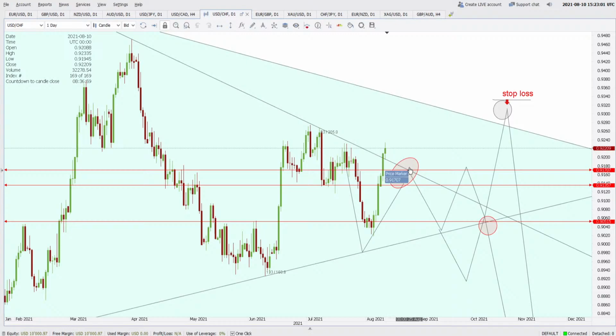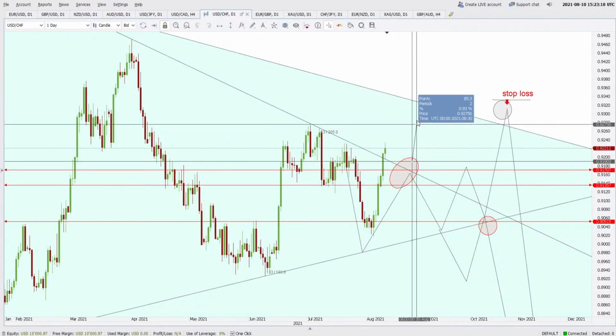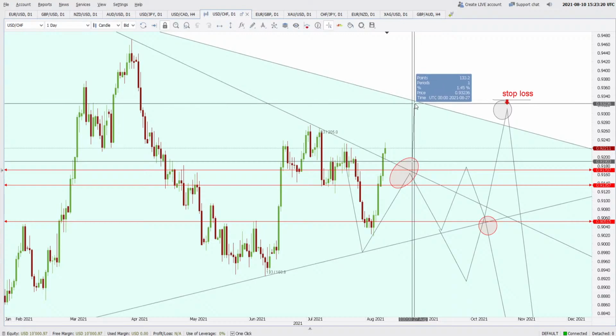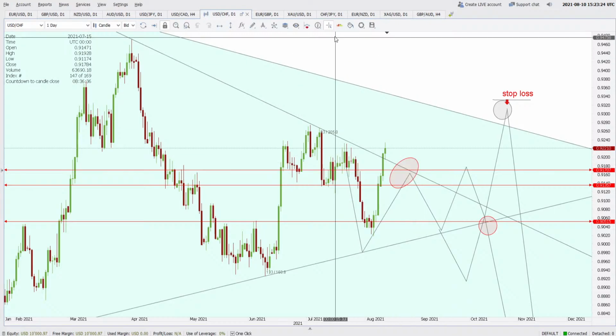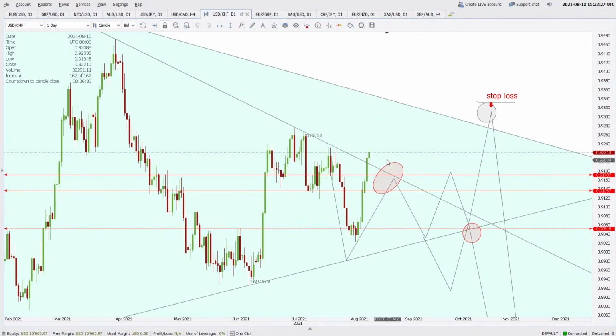Maybe here you should be opening a buy position around 0.9170 if you get the price here, and then you can target this falling channel resistance line with a small stop loss below the low that price makes here. I hope you get to that, because in that case your stop loss will be something around 36 points and you will be trying to make 130 to 140 points. Just an idea. Okay, I think I have explained this idea yesterday also. All right, so this is USD CHF.